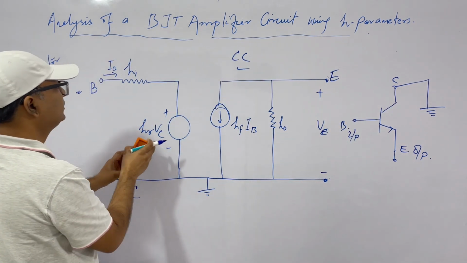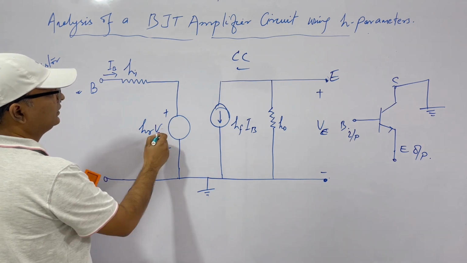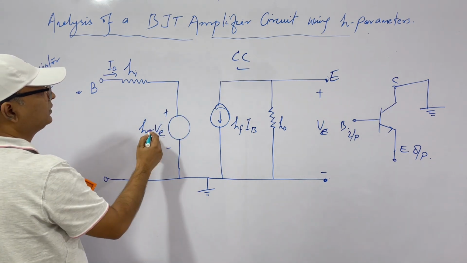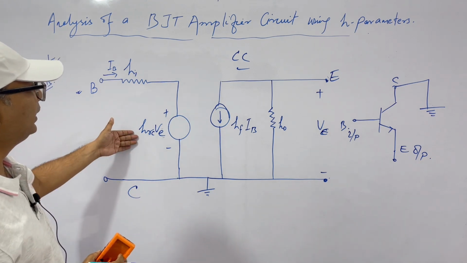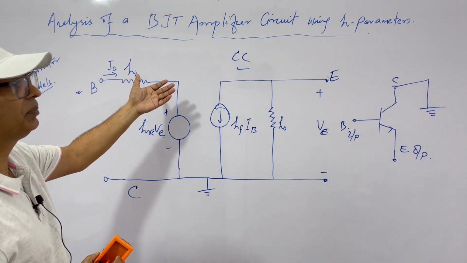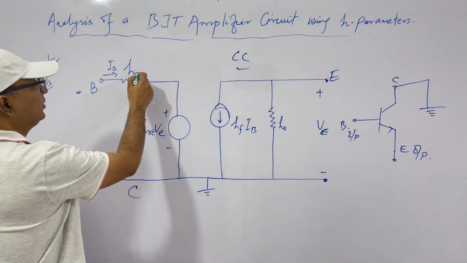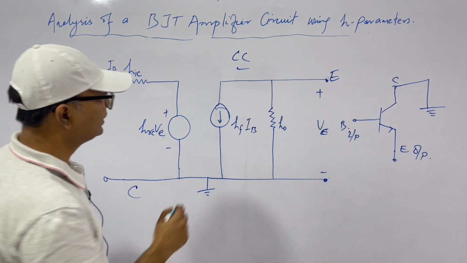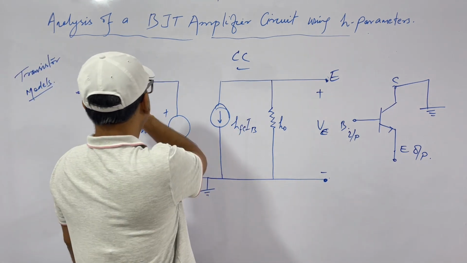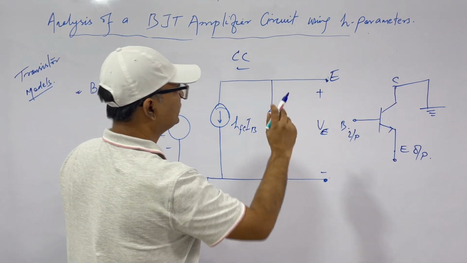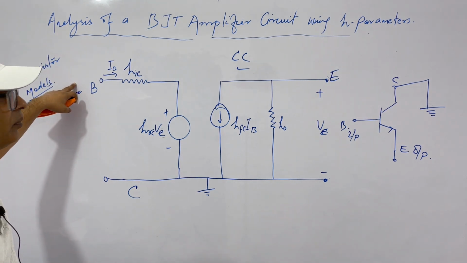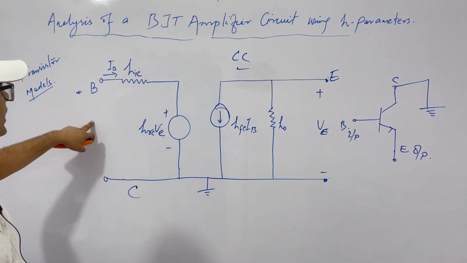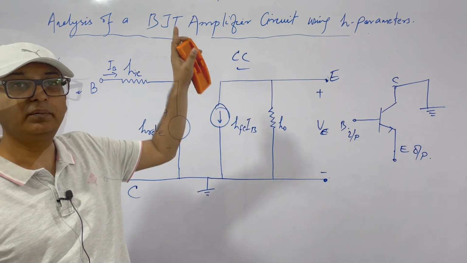Now what we will do? This is HRVE. As a matter of fact, you can put HRC also to make the parameter for common collector. So this will be HIC, this is HFC, IB, this is HO and this is VE. Clear? So in case of common collector, we have input at base and output at emitter.